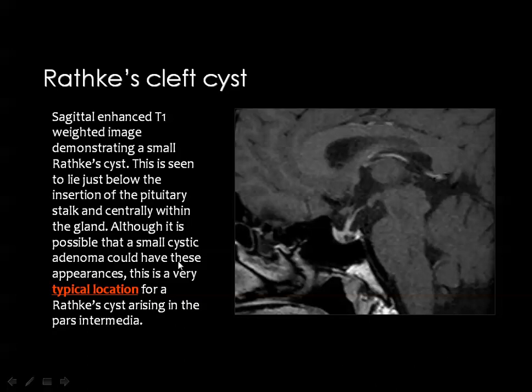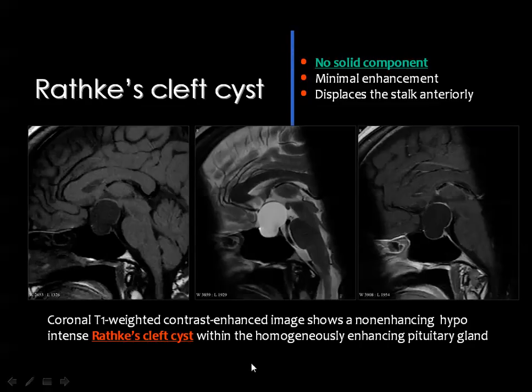Although it is possible that a small cystic adenoma could have this appearance, this is a very typical location for Rathke's cleft cyst. As I mentioned, it is related to the infundibular stalk.